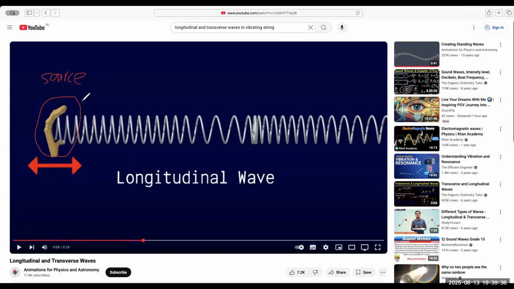When the hand is trying to compress it, the energy is being transferred from left to right. So the energy has been transferred. Energy is not the up and down, not the compress and relax, but at the corner you can see that the spring is moving. As long as it's moving, it means there's energy being transferred.